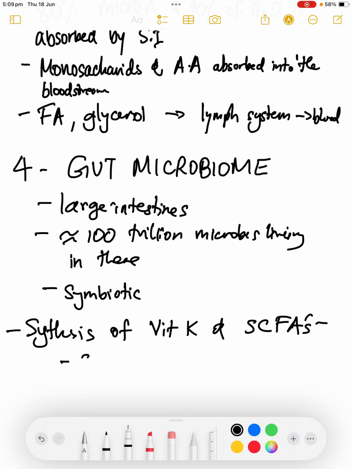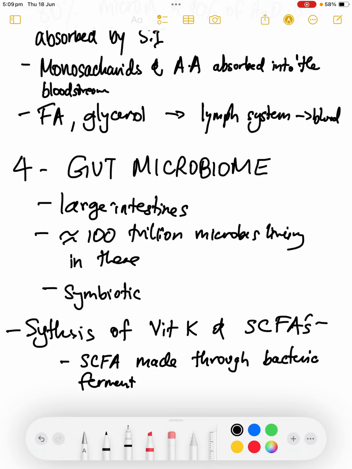So as I said, short chain fatty acids are made through bacteria fermenting indigestible CHOs. And that is soluble fiber, resistant starch as well.